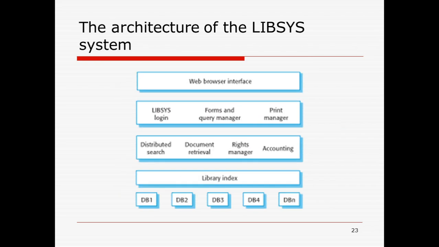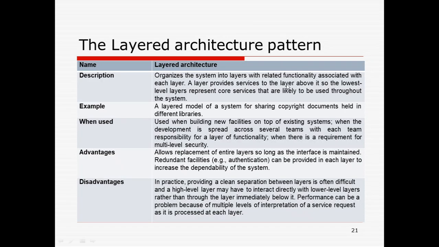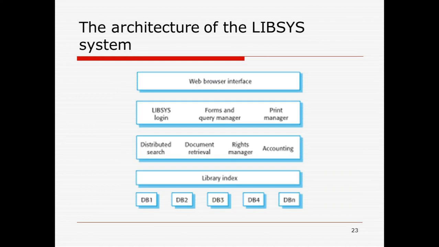And here is an example of a system for sharing copyright documents held in different libraries, the example that we have given in the description. If you see the layered model for this system, we can have a web browser interface for that particular system, which follows the layered pattern.